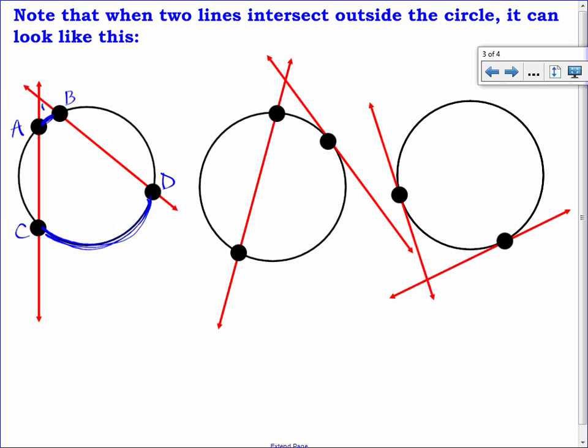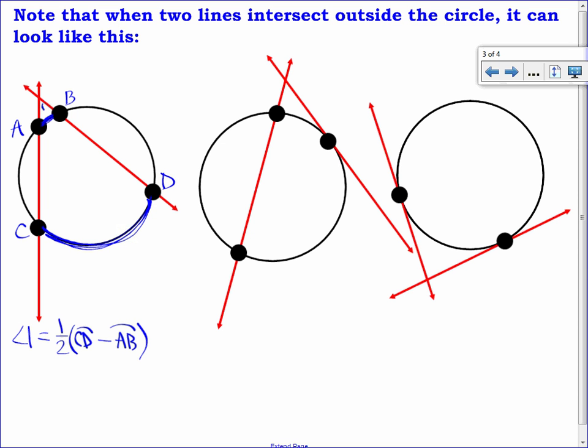So angle 1 is going to equal 1/2, and then what's going to be in here? First of all, are we adding or subtracting? We're going to subtract. What two arcs are you going to subtract? CD minus AB. Good. Okay.